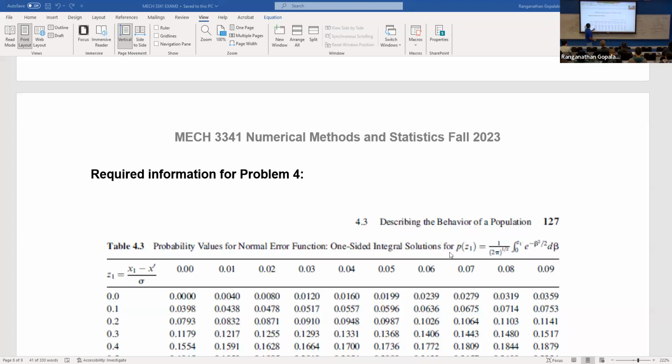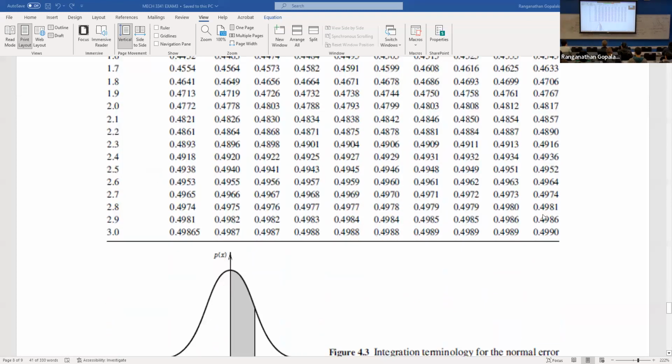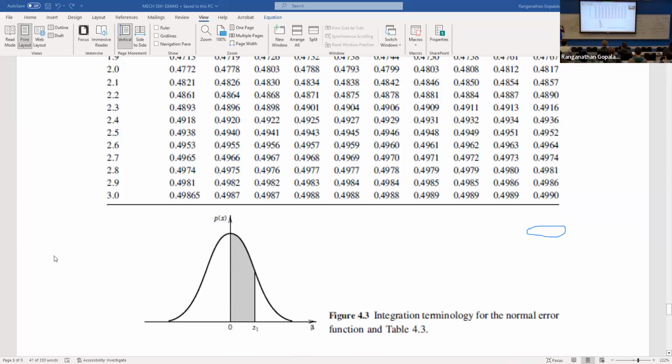If the z1 value is 0, the integral's value is 0. If the z1 value is like 3.0 or 3.09, we are almost fully at the 0.5 value. And if you see the picture below, the shaded region is the value here. That is, when z1 is 3.09, the shaded region has an area of 0.5.